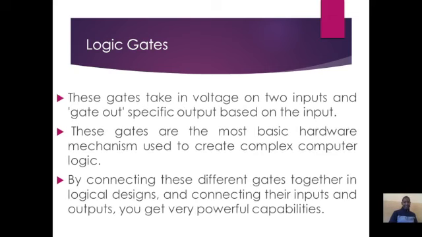So also look at some circuits. These gates take in voltage. Remember, we're looking at electrical gates and circuits. So they take in some voltage on two inputs, and the gate will receive a specific input or signal, an electrical impulse, and it needs to give an output of a particular signal.